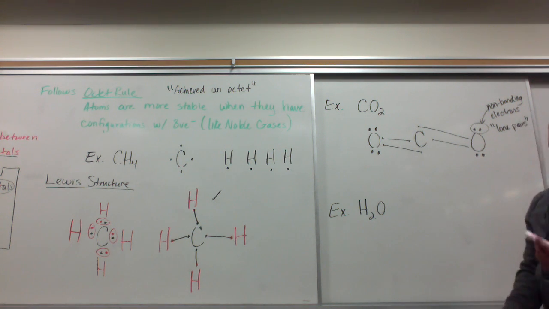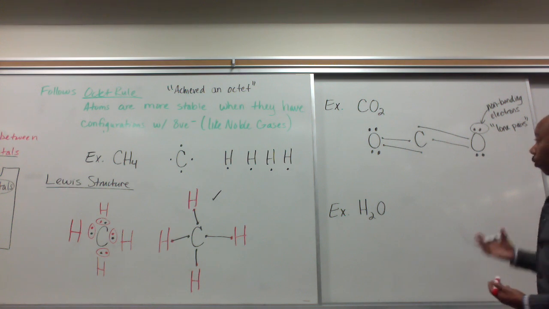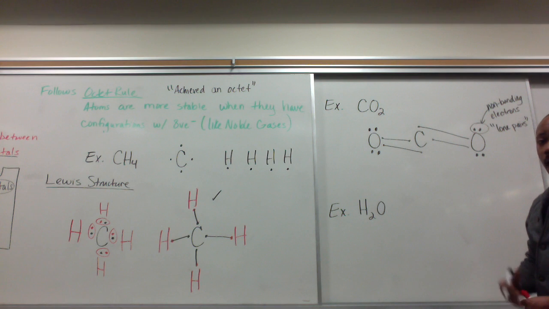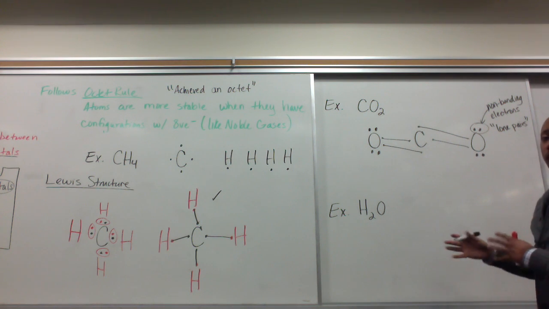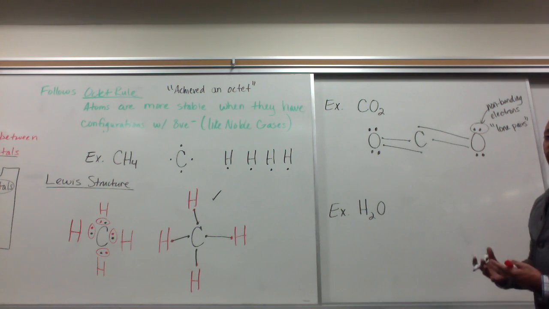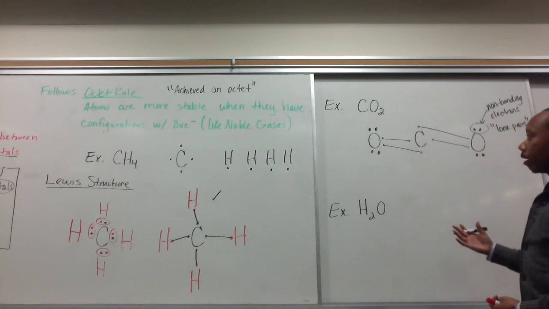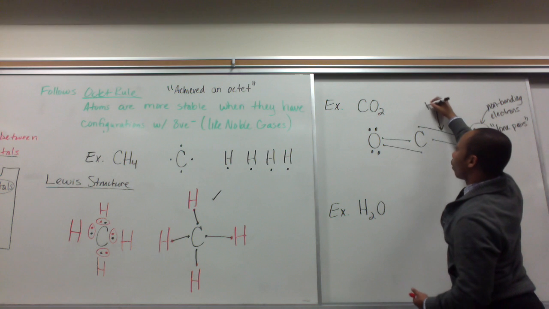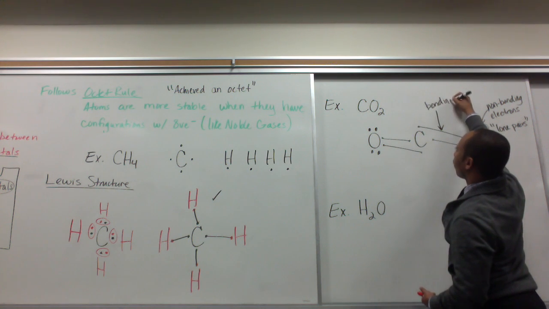And they're important for their own reasons. They tell us that this atom has indeed achieved this octet. In higher level chemistry, we usually take them out knowing that they're there. But for our class, we'll keep them there. And these electrons that are in these bonds or making up these bonds are our bonding electrons.